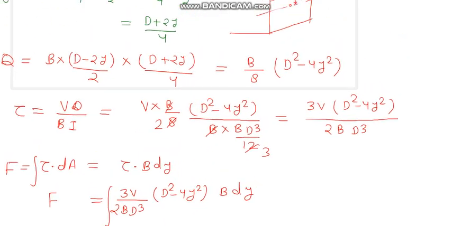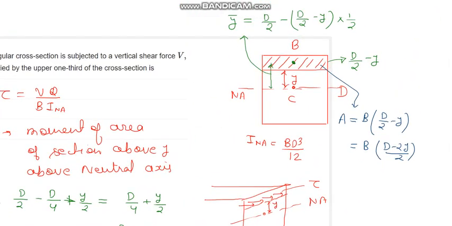The limit of integration will be from this location to this location. This distance is D by 3, and this is also D by 3, so this becomes D by 6 and the other becomes D by 2.